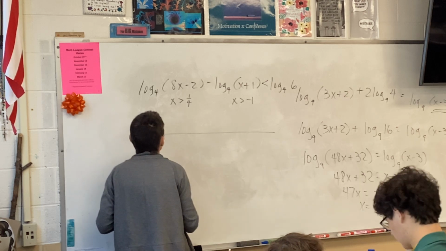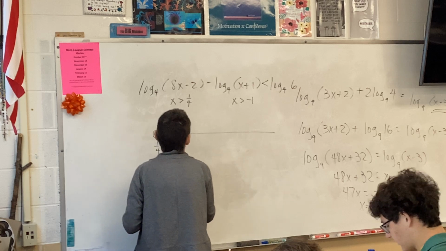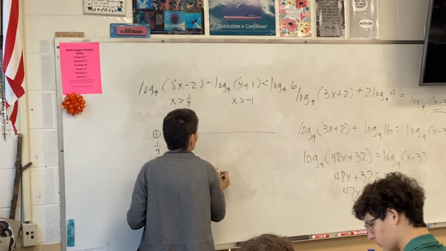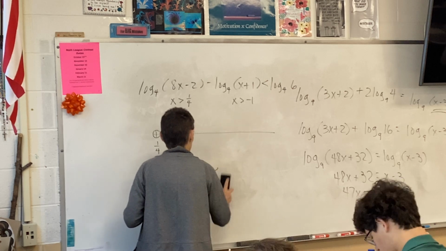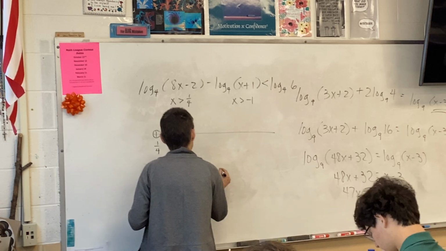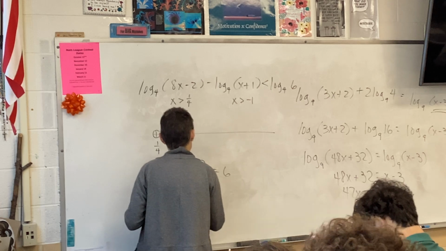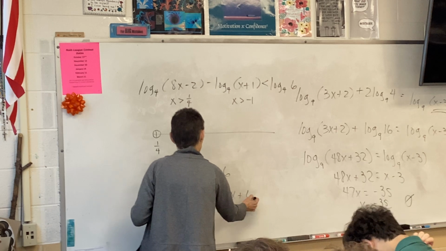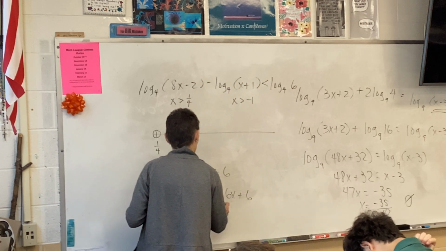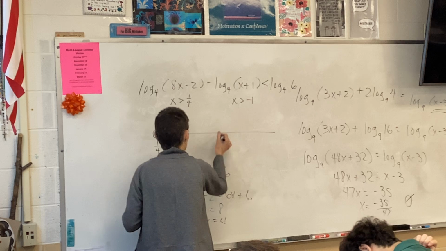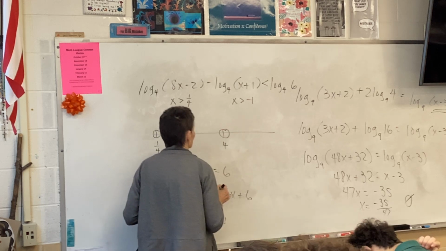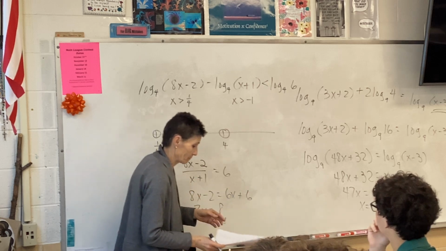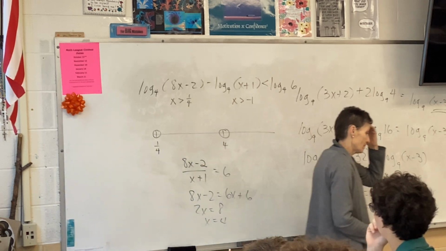Go do the number line. Negative 1, 4. Positive. So nothing can go past negative 1. So all of those 2 points are graphing.